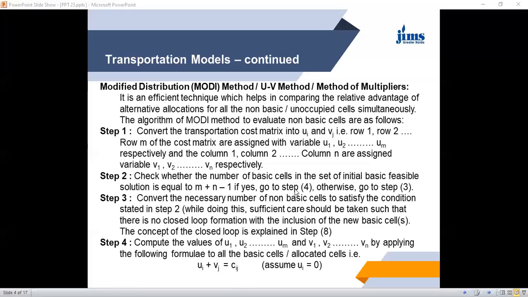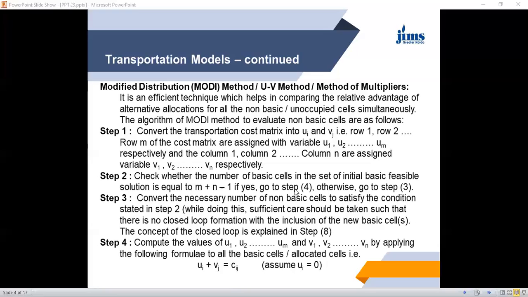In fact, when the number of occupied cells is less than m plus n minus 1, this problem is said to be degenerate, and degeneracy we are going to study in details in the next class.